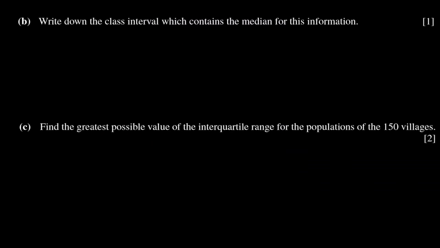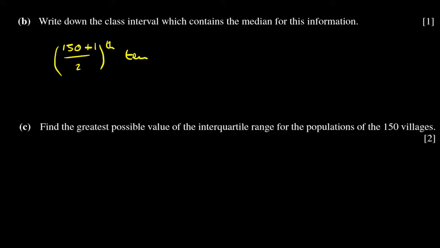Okay then, so parts B and C of this question, we want to write down the class interval which contains the median of this information. What's the idea of the median? Well, basically you put all of the items in order and you select the middle item. So in this case, we've got 150 items of information. So we want to find the middle term, and the way we would do that is we take the (150 plus 1) divided by 2th term.